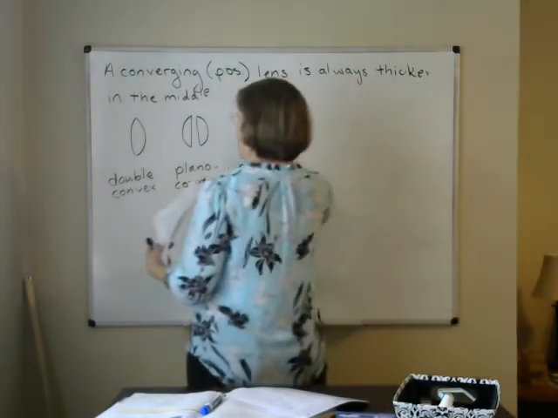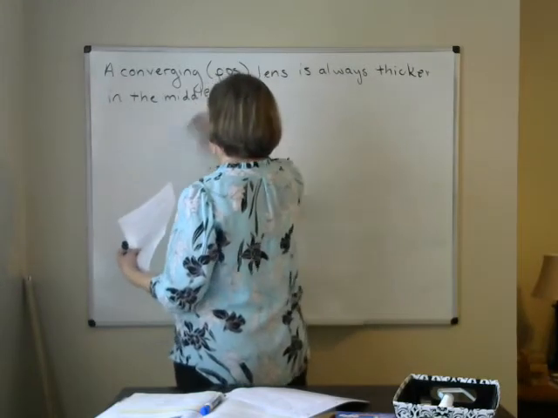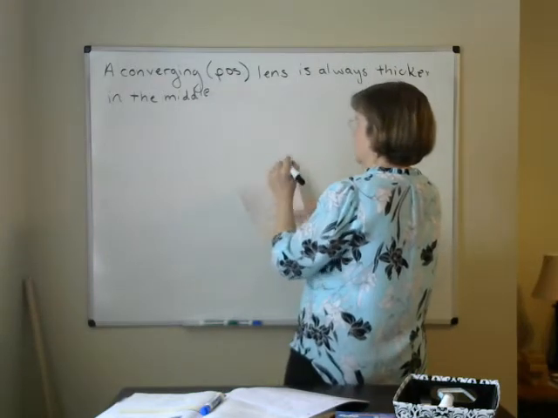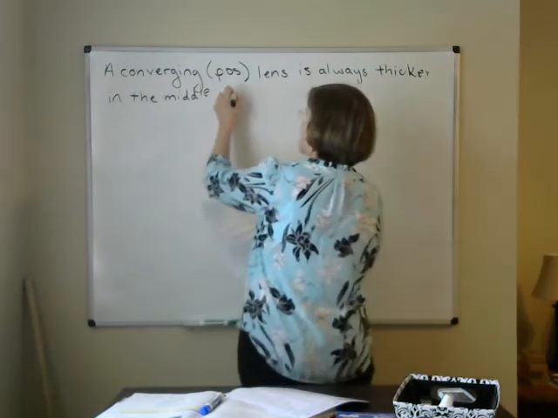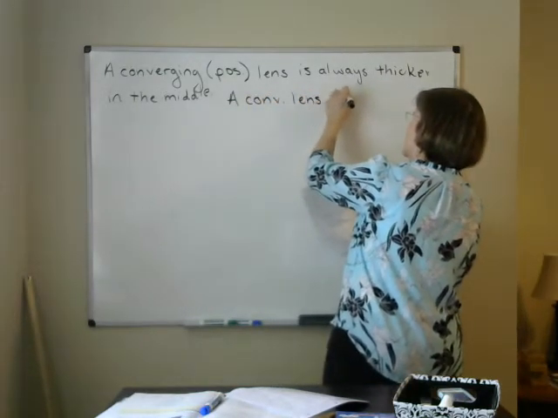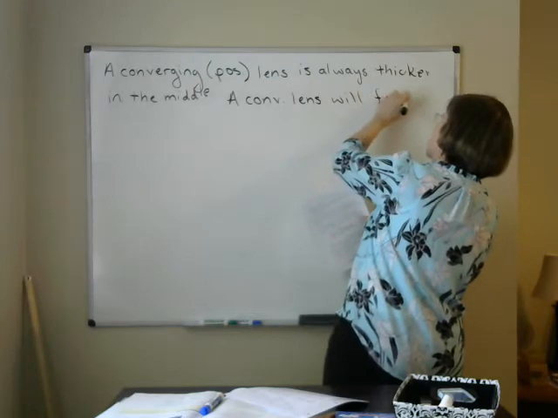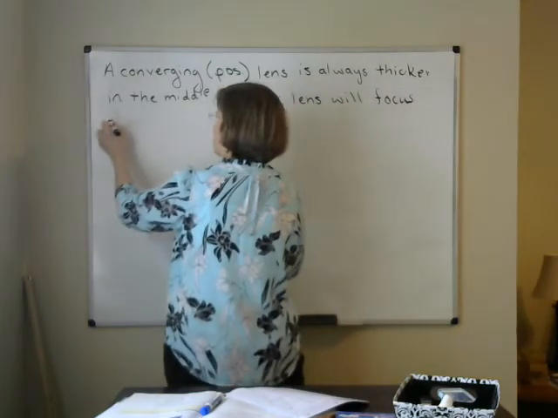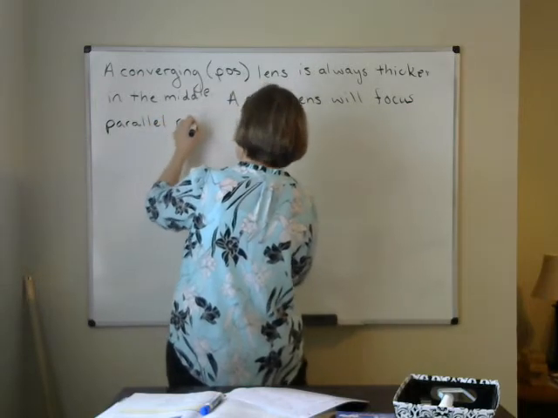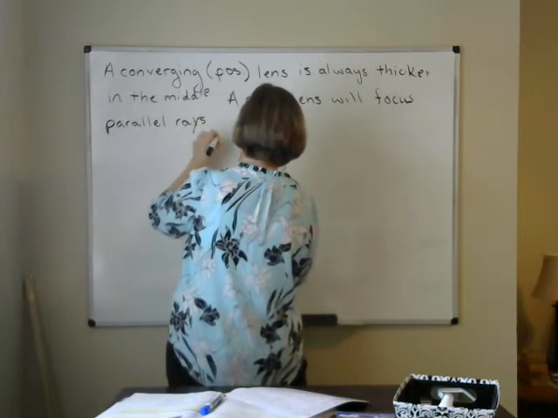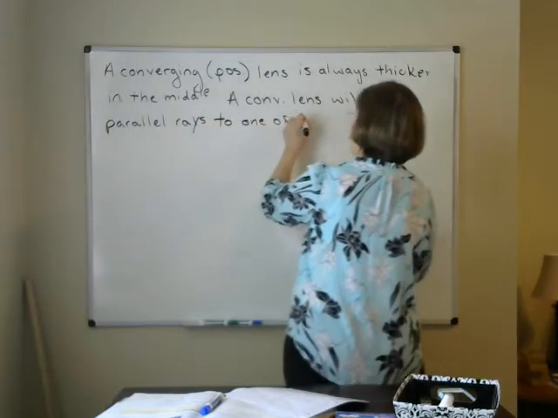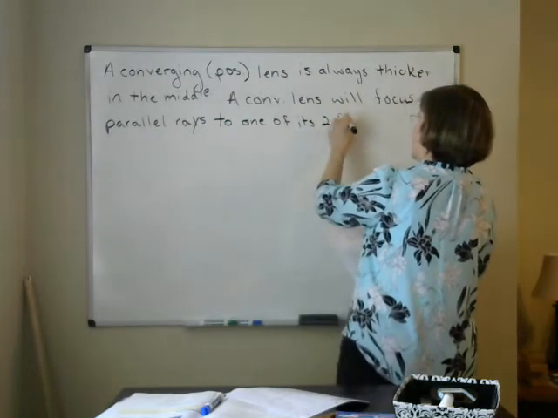Let's look at how they work. A converging lens will focus parallel rays of light to one of its two focal points.